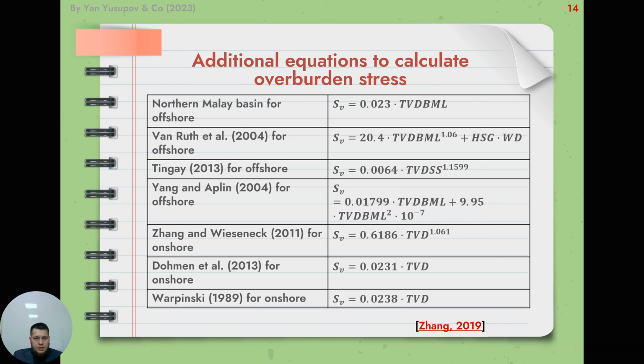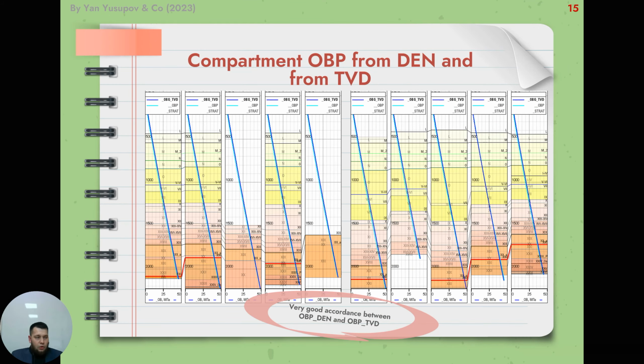On this slide you see additional equations to calculate overburden stress. It's a reliable enough source for calculation of overburden stress, and let's see on the next slide an example of this use.